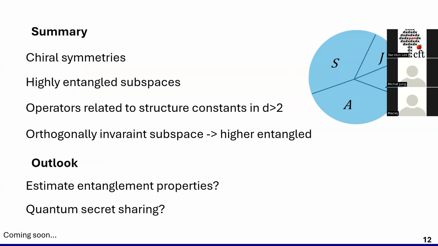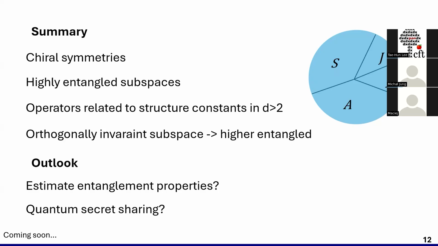Okay, and with this, I'm already at the end. I want to quickly summarize what we saw. We saw that we not only have symmetric or antisymmetric subspaces, but we can also have these chiral symmetries. These chiral symmetric subspaces are actually highly entangled subspaces.